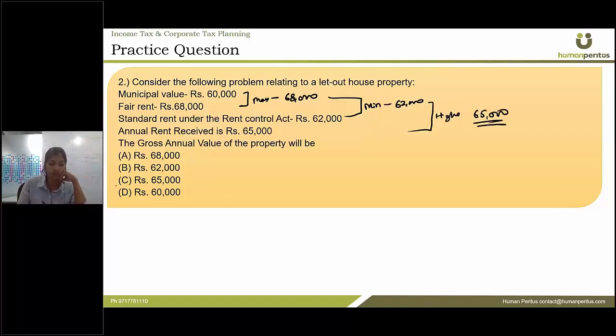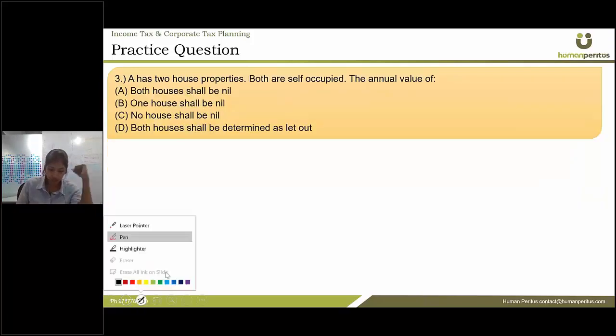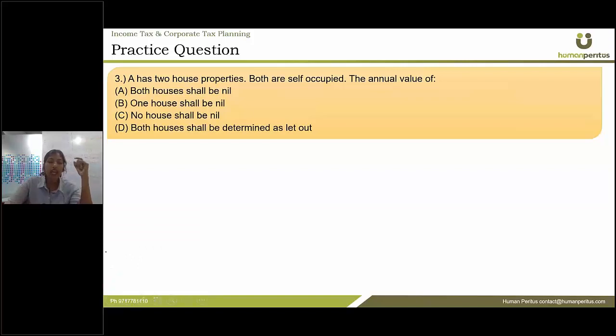This is our gross annual value. So answer is C. Okay. Next, A has two house properties. Both are self-occupied. The annual value of, so what is the correct answer? Answer is A, correct, because the annual value of both houses shall be nil, because in case of two self-occupied house properties, we take annual value nil.